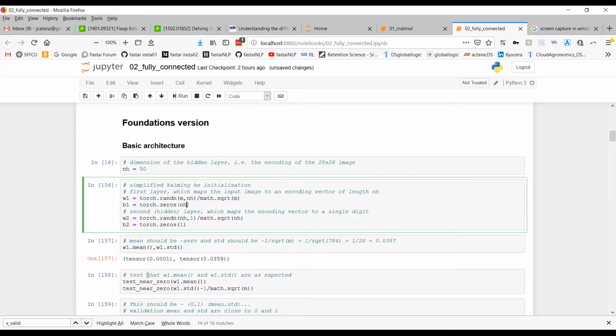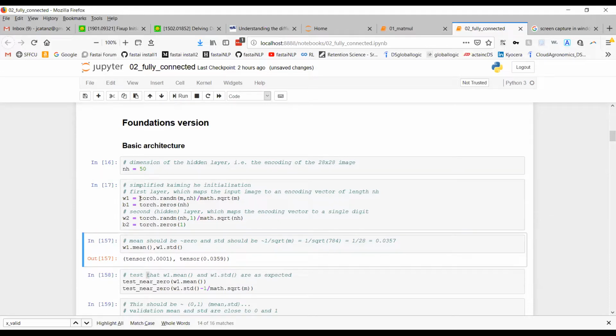That's the hidden layer. Okay, so now he's going to do the simplified initialization, which comes from the paper that he had us read, section 2.2 of Delving Deep into Rectifiers or something like that.